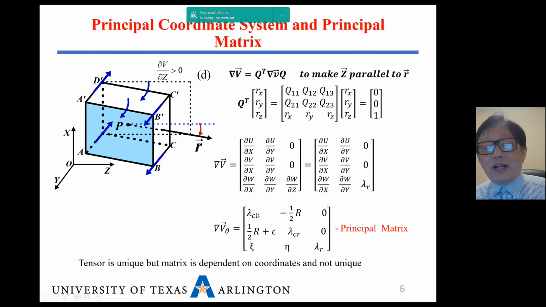In these coordinates, we can get the principal matrix like this. Here, R is the Liutex. Epsilon, xi, eta are the three shear parts. Lambda Ci and lambda R are the stretching parts. They are the real eigenvalue and the real part of the complex eigenvalues.